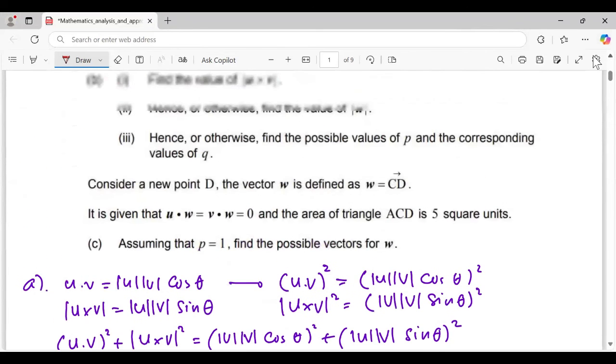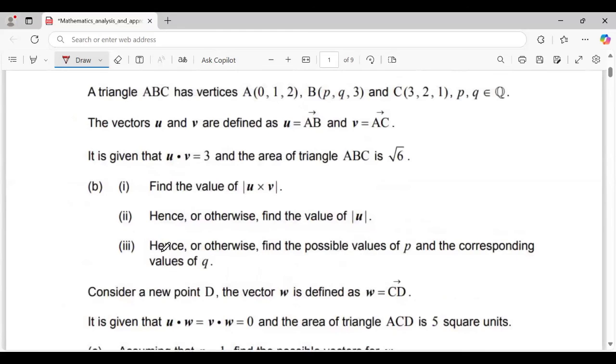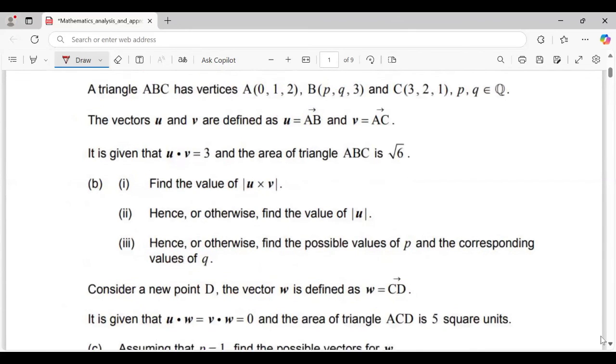Next, part 3. Hence or otherwise, find the possible values of p and the corresponding values of q.